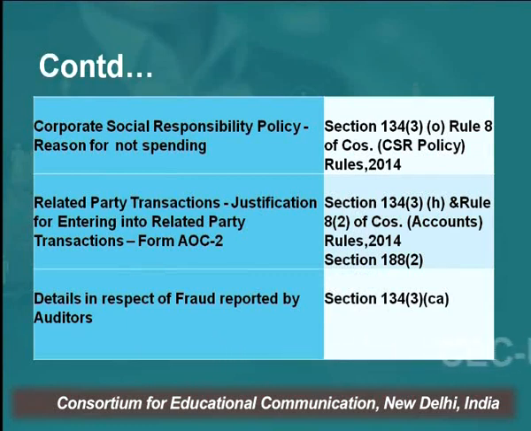Nowadays we talk about corporate social responsibility, as per section 135 of the Companies Act. If you fulfill certain criteria, you have to spend 2% of your profit on indicative or listed CSR activities. If a company is not able to spend that 2% of profit on CSR, as per section 134 subsection 3 clause O, rule 8 of Companies CSR policy rules 2014, they have to explain the reasons for not spending.